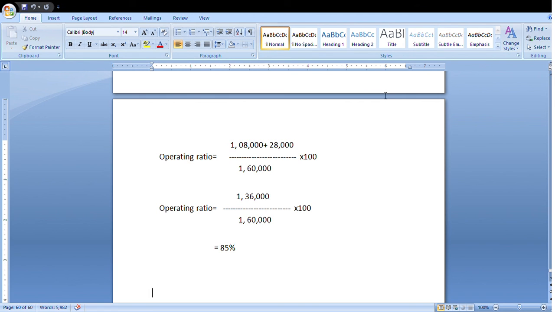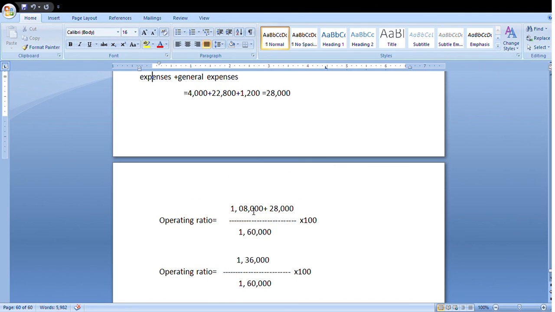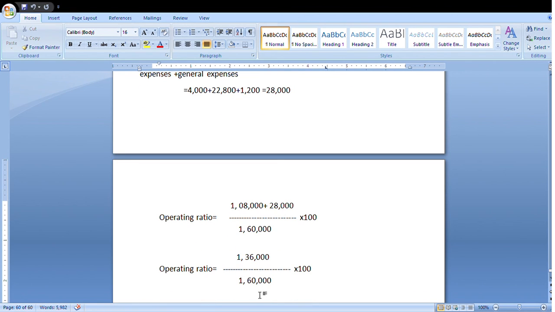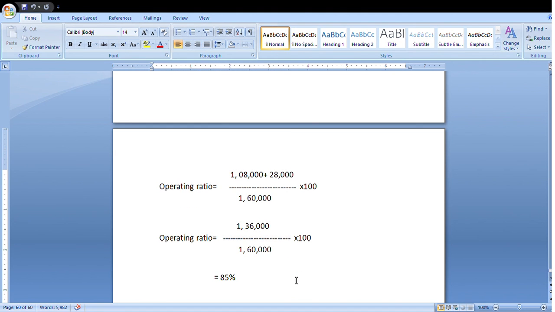Operating ratio is equal to operating cost by sales. Operating cost is 1,36,000. By sales 1,60,000 into 100 is equal to 85%.